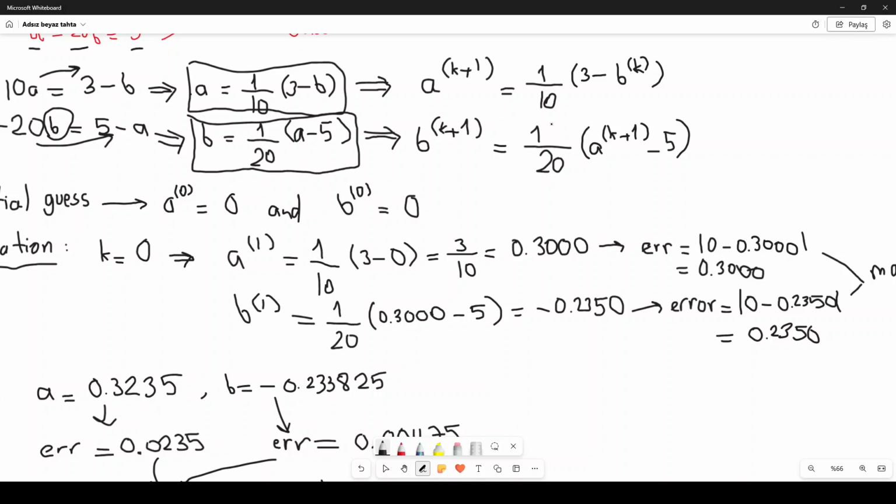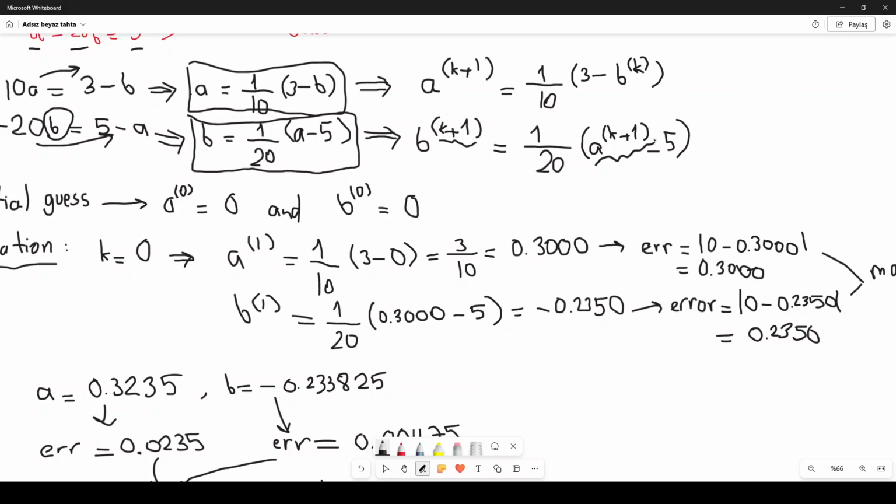Up to this point, everything is the same as we did in the Jacobi method, but right at this moment, something starts to change. Look very carefully at how we update the value of b in the first iteration. I am trying to find the new value for the unknown variable b, but be aware of one thing.